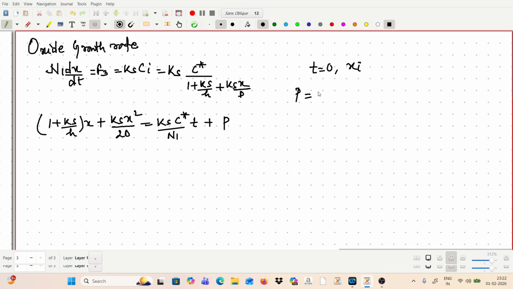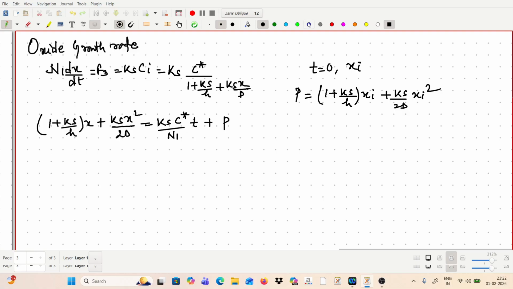So the value of p that we have already found is 1 plus ks by h xi plus ks by 2d xi square, and we have to write it here.